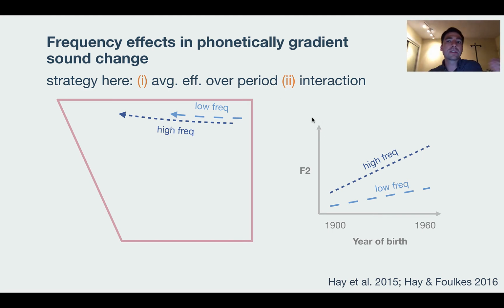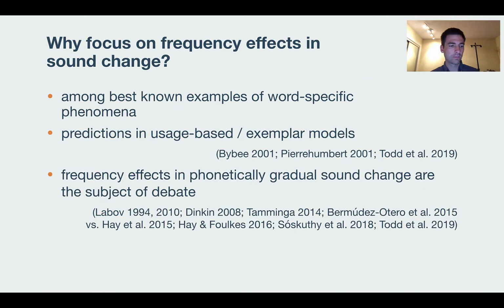So for instance, if you look here in this graph, there is an average effect over the period insofar as high frequency words throughout the entire period do have an advantage. Okay. So when we're talking about effect sizes, we'll be talking about these two different things.